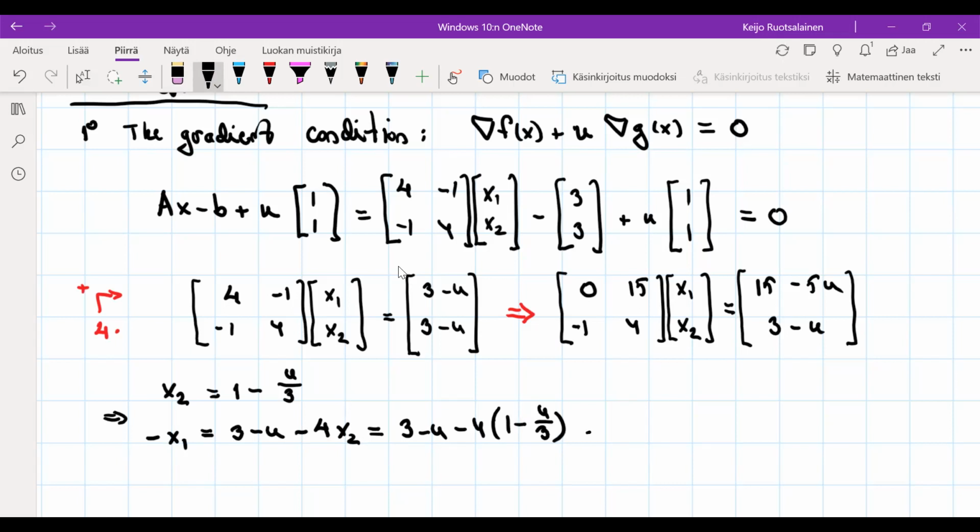So it is minus 1 and 4 over 3 minus 1, it is plus u over 3. And we get here that x1 equals 1 minus u over 3, and x2 is also 1 minus u over 3. Is it correct?